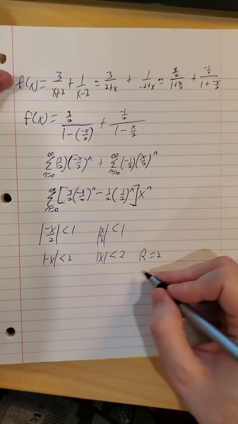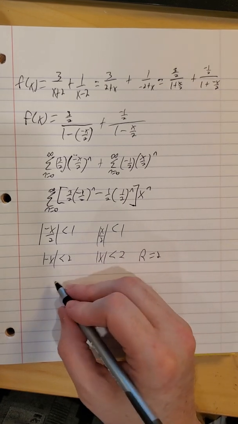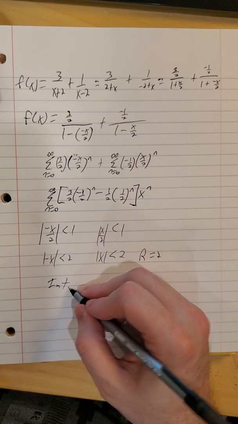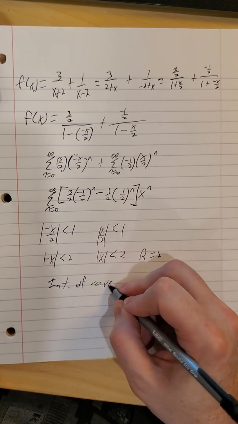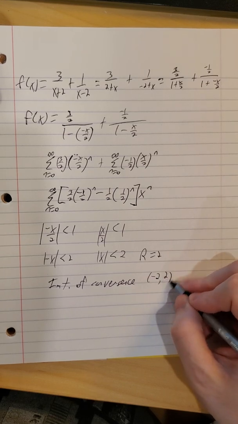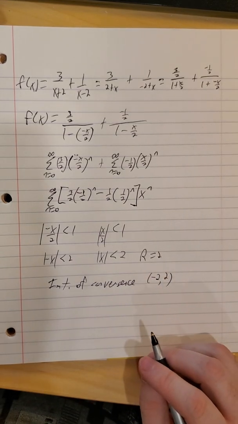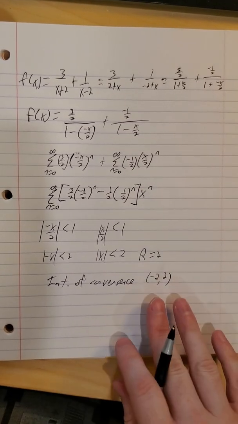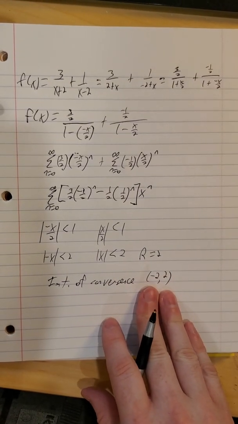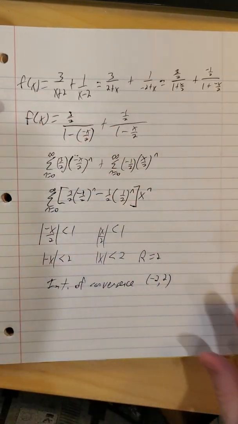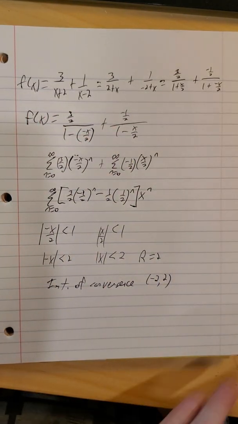So r equals 2 for both of these, centered on 0. So our interval of convergence, we've got at least negative 2, 2. So that is how far out we can go with this geometric representation of the original function we had on the previous page.